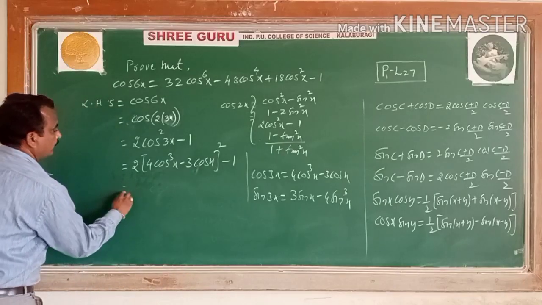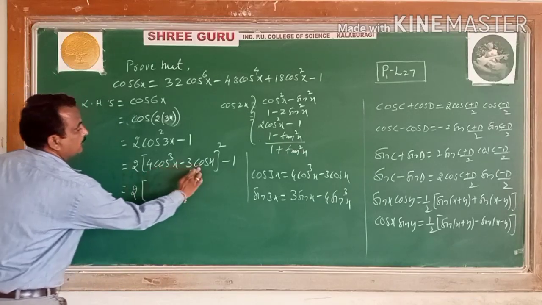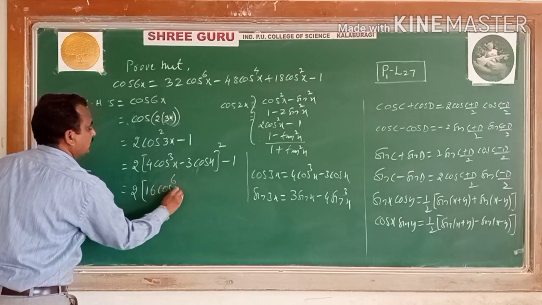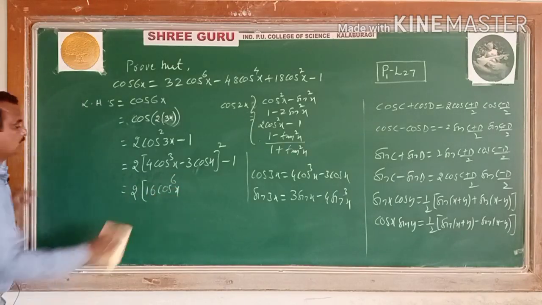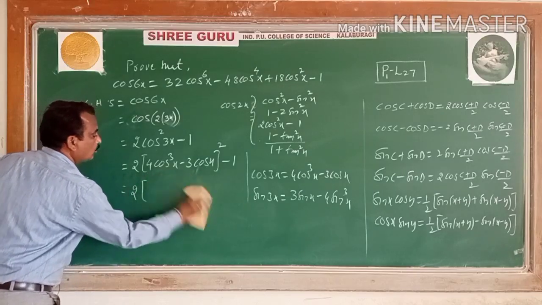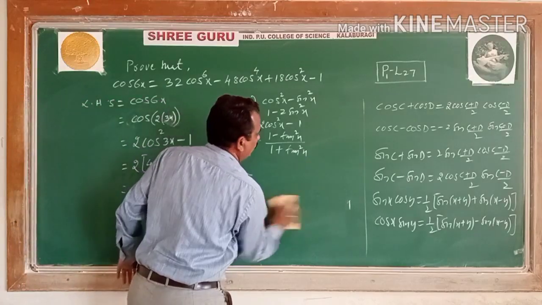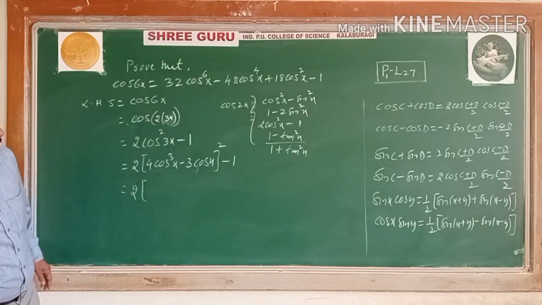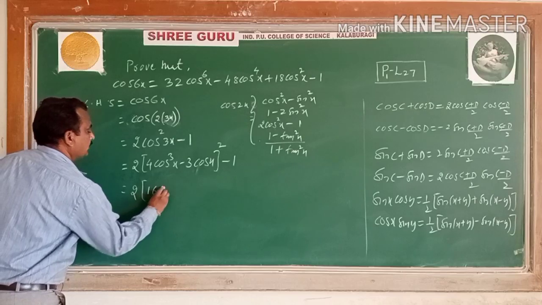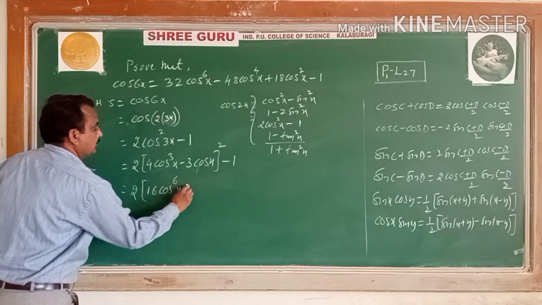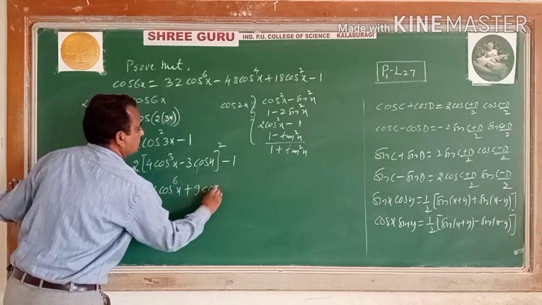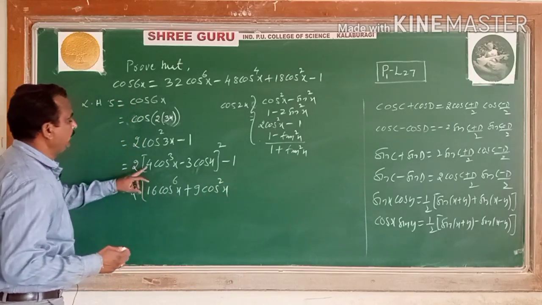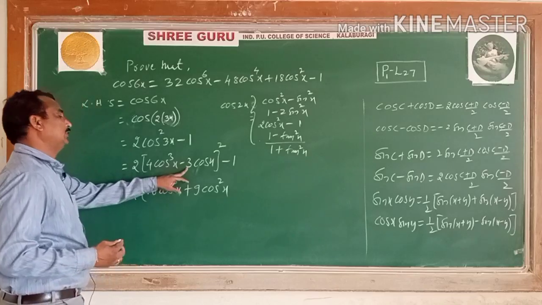This is 2 times a minus b whole square, a square is 16 cos 6x, 4 cos cube whole square.